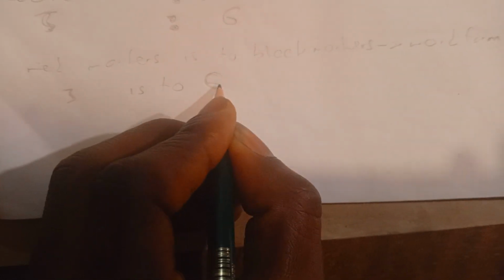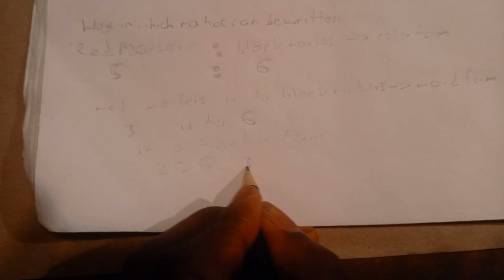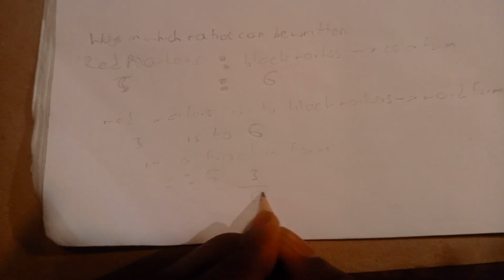And the last form is the fraction form. Ratios can be written as fractions. These are called rational numbers. So 3 is to 6 can also be written as 3 over 6.